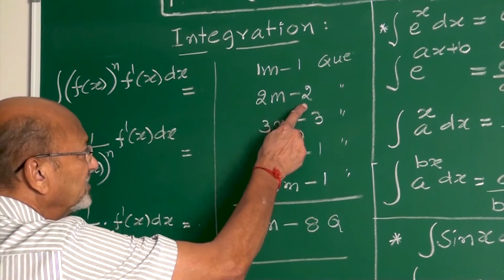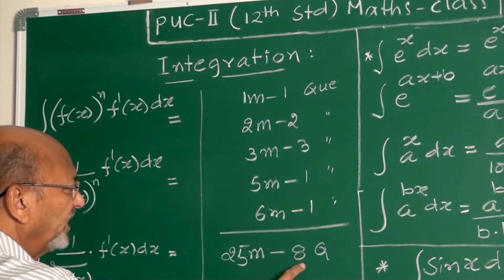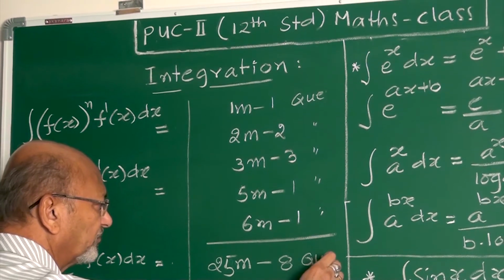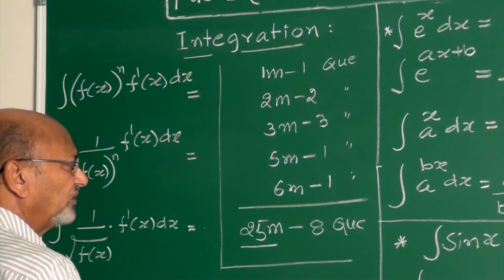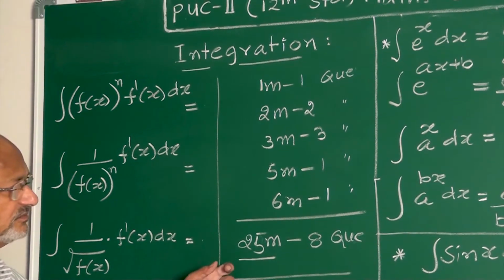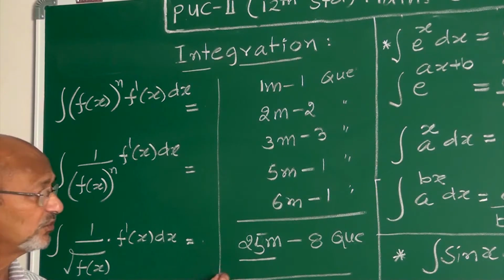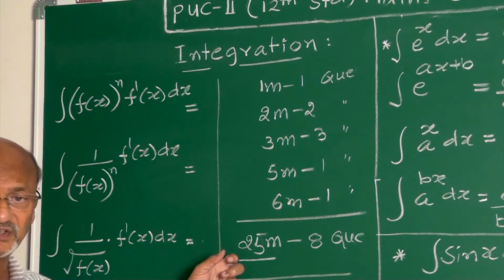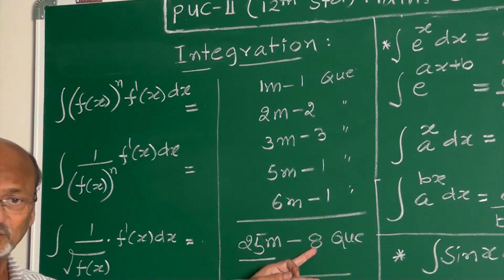Totally, it is 3 plus 3, 6 plus 1, 7 plus 1 is 8 questions, my friends. If you count these marks, they are nearly 25 marks, my friends. On integration only, not applications. On integration only, you have, my friends, this year 25 marks, nearly 8 questions.